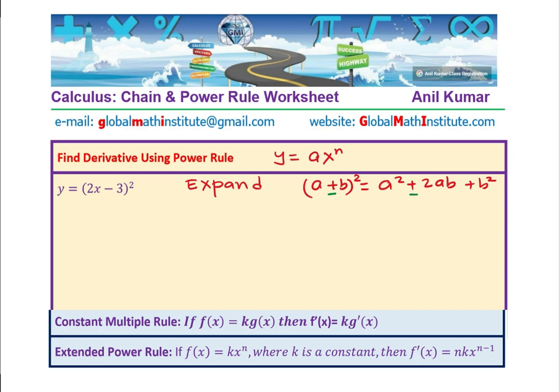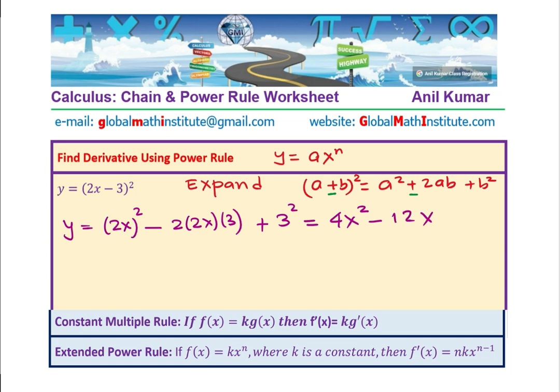So we can now write the expression given to us, y equals (2x minus 3) whole squared, as (2x) squared minus 2 times 2x times 3 plus 3 squared. So that gives you 4x squared minus 6, 2 times 2 is 4, times 3 is 12, so 12x, plus 9.